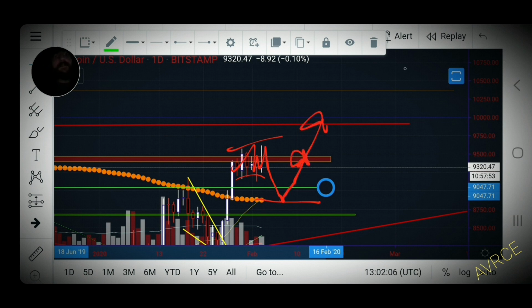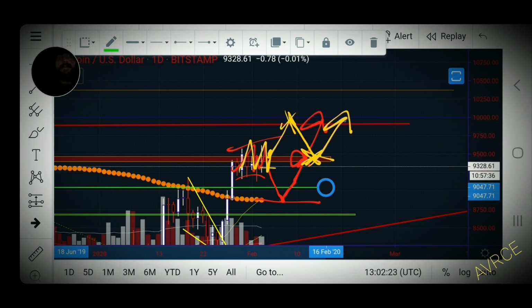Scenario 2: we end up breaking up and then getting rejected, coming back down to hit this resistance, but we end up bouncing and going back to the 10,000 to hit it again.